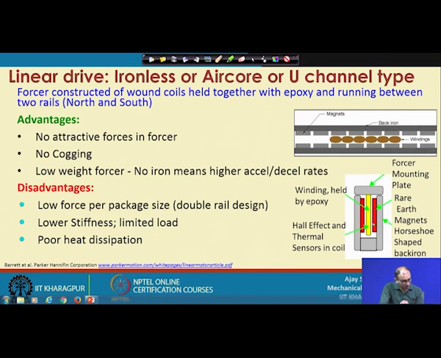If you want to dissipate heat from this particular part, you have to have air circulation through that, and once air is circulated, it does not have an escape route from this part. For reaching this particular location, it has to travel such a large distance, and only then heat dissipation is possible. So, that is where the poor heat dissipation is.